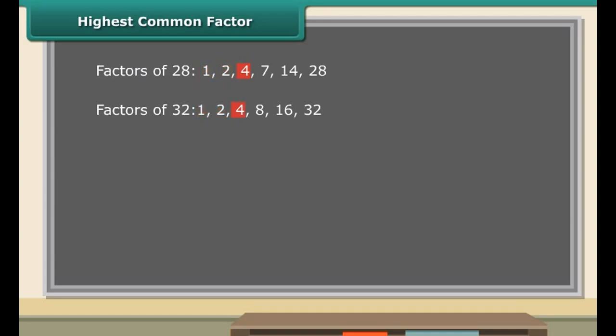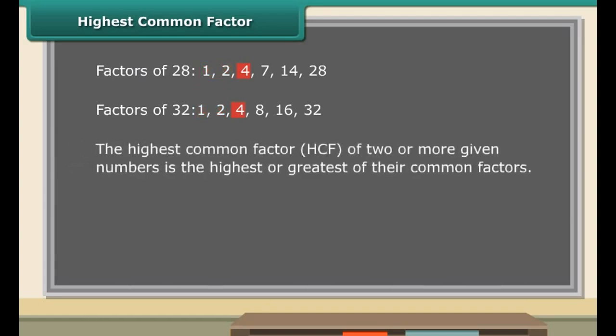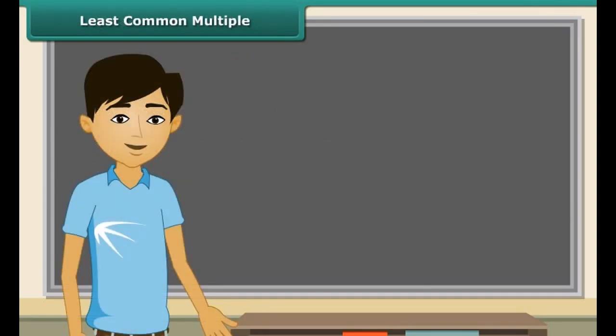The common factors are 1, 2 and 4. It is clear that the highest common factor among these numbers is 4. Therefore, the highest common factor HCF of two or more given numbers is the highest or greatest of their common factors. It is also known as greatest common divisor or GCD.